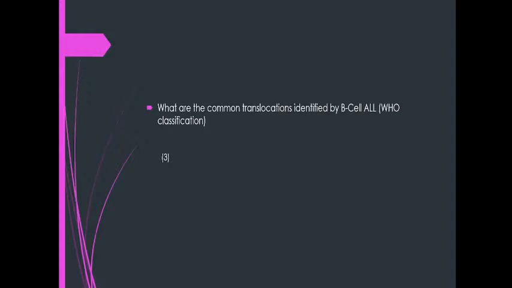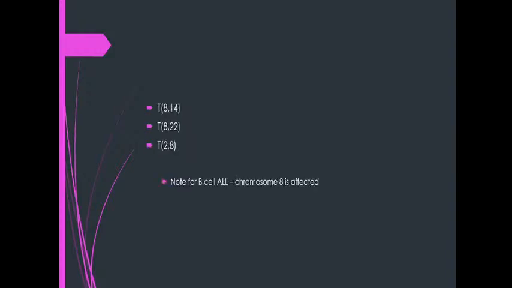Now, common translocations identified in B cell. Now, it's now B cell. We're talking about B cell, huh? B cell, hindi na pre-B cell. There's 3. Okay? So, there's 3. Translocation 8;14, translocation 8;22, translocation 2;8. Okay? So note, for B cell, chromosome 8 is always affected. Alright?